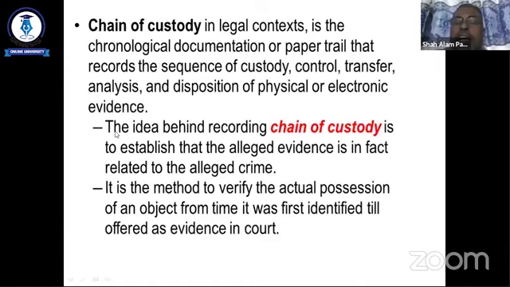The idea behind recording chain of custody is to establish that the alleged evidence is in fact related to the alleged crime. Chain of custody is the method to verify the actual possession of an object from the time it was first identified till offered as evidence in the court.